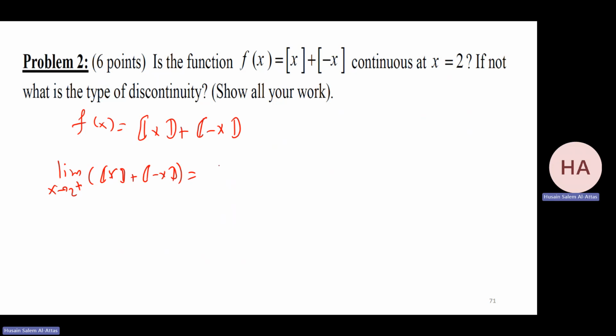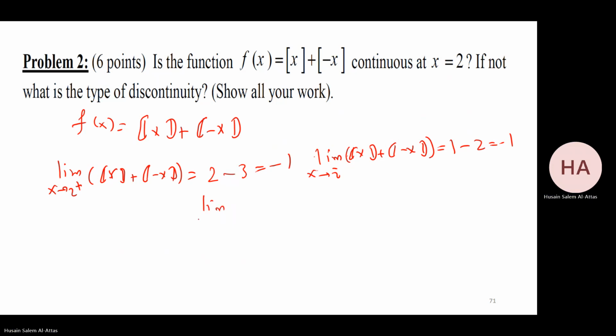From the right, substitute, you have 2 minus 2.0 something, that's 2 minus 3, which is minus 1. From the left, I'm getting 1 minus 2, which is minus 1. So the limit exists and equals minus 1.